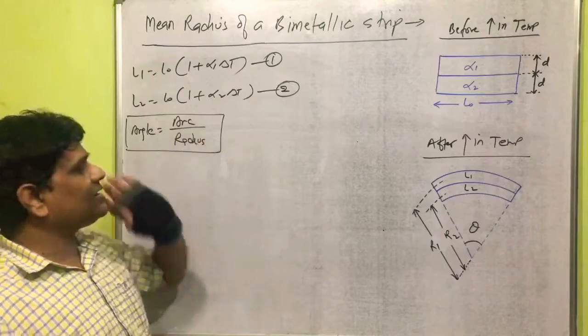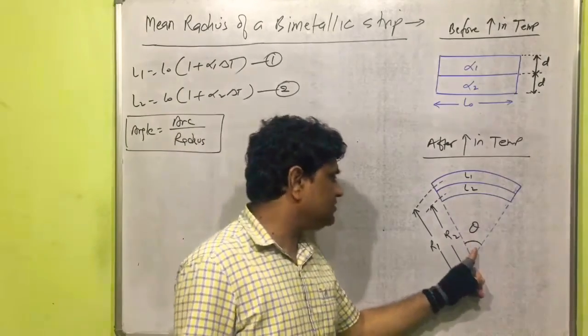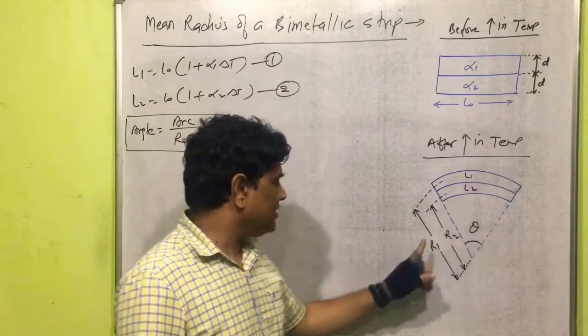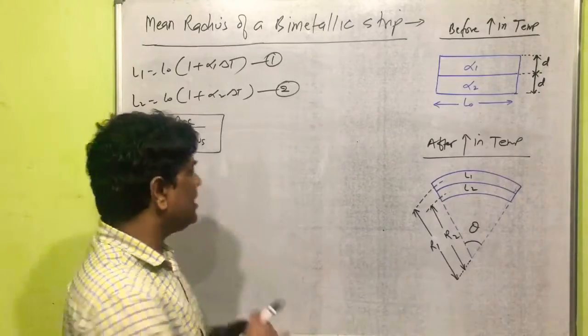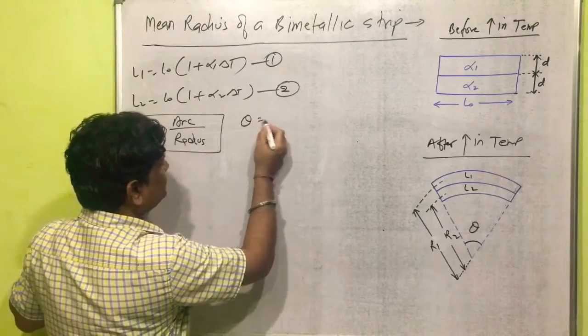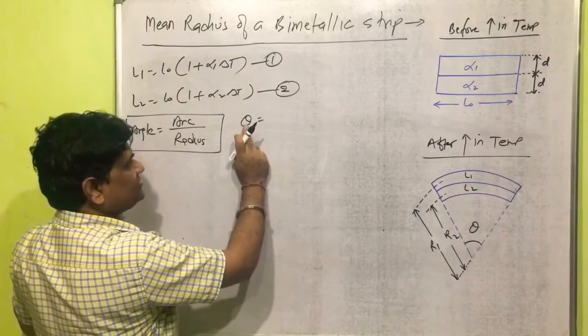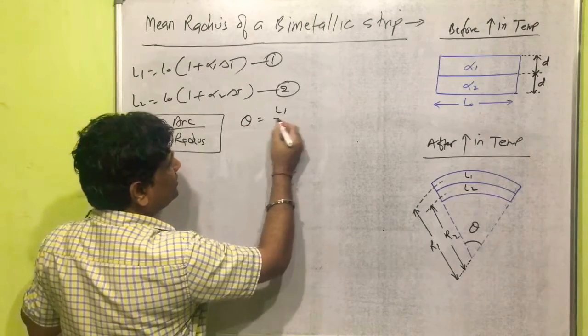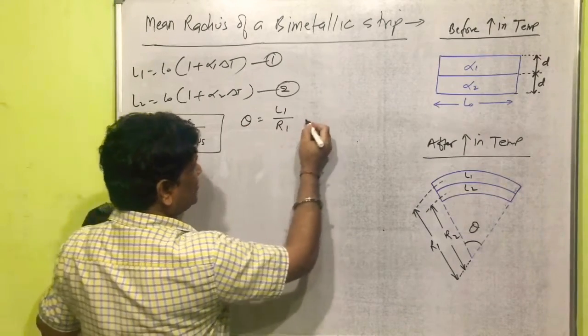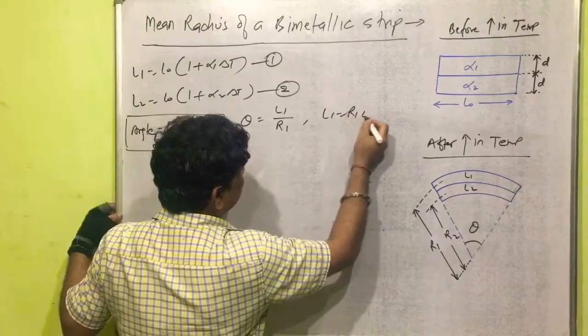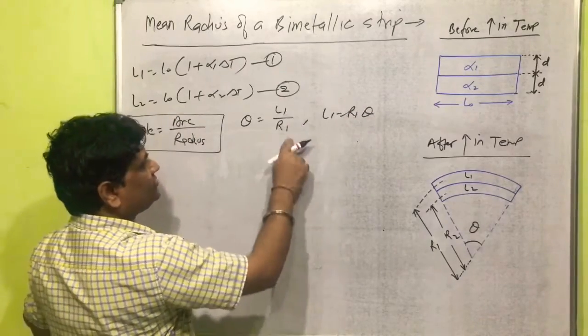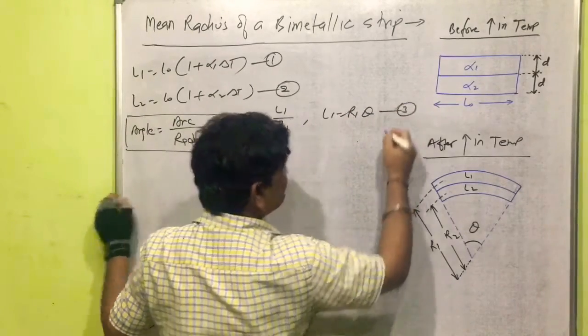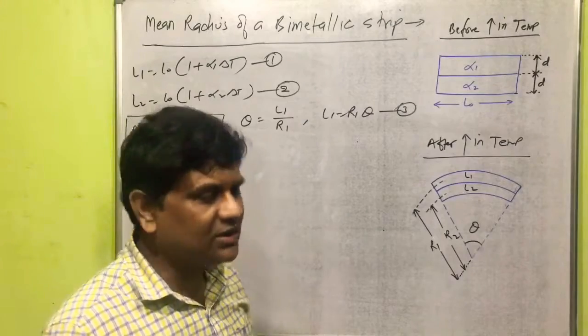Angle is theta, arc is L1, radius is R1. So L1 is equal to R1 into theta, which is relation number 3.